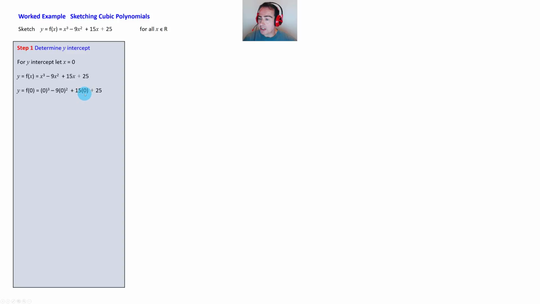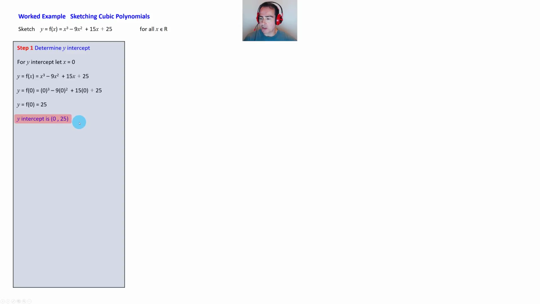I like to use brackets because that way if there are negative values being substituted it does not create ambiguous expressions. These zeros wipe out all the terms containing an x, leaving just the 25, so we have y equals 25. Therefore the y-intercept is x equals 0 and y equals 25.